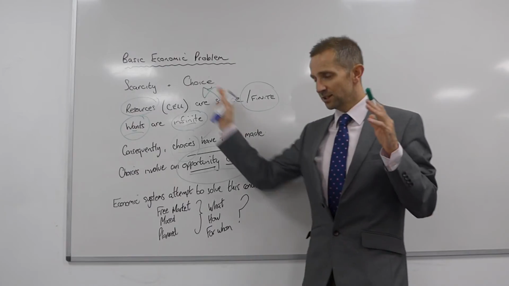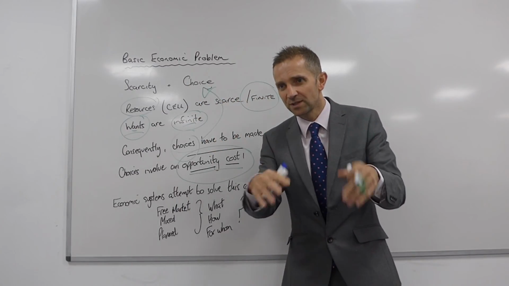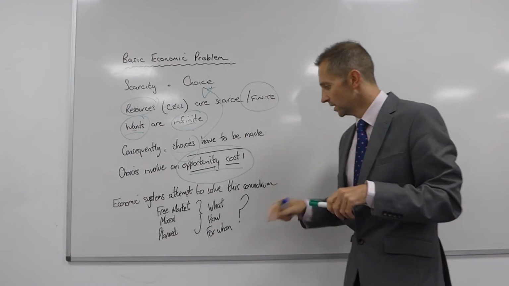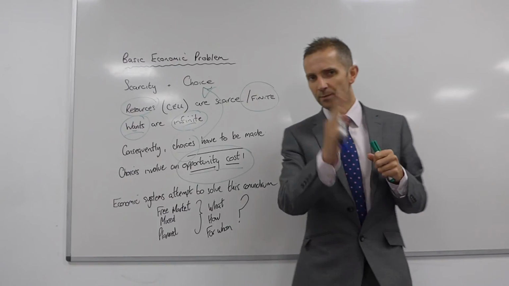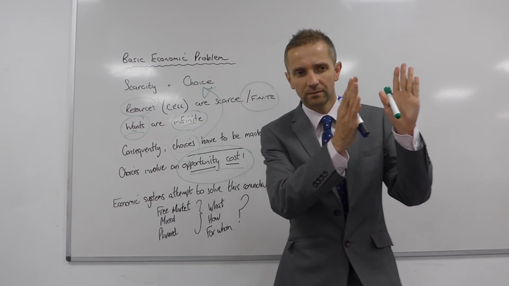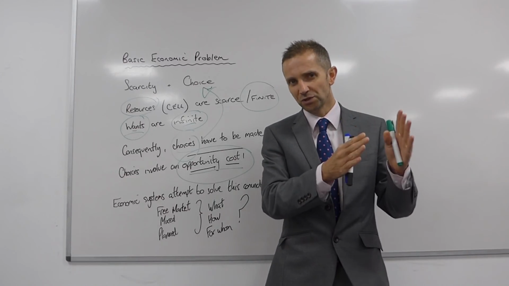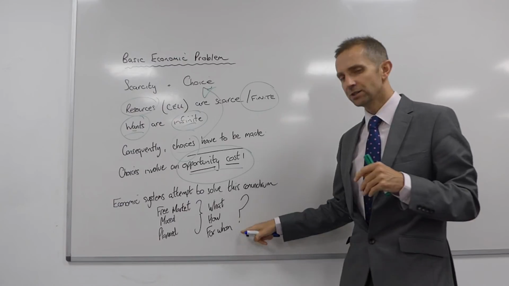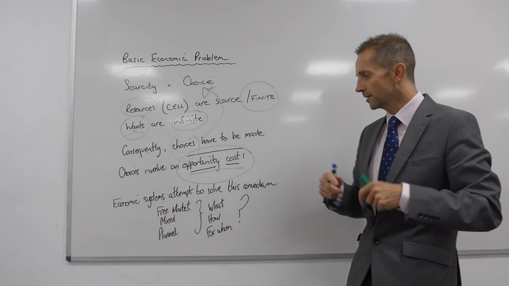Because you're asking yourself all the time, and firms are asking themselves, and governments are asking themselves, well, what goods and services should I produce? Will it be A or will it be B? How should I produce them? That's a question particularly for firms in terms of efficiency and resource. And for whom? So who am I going to produce them for and who's going to buy them?